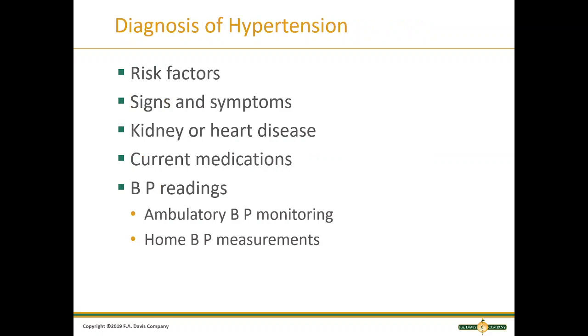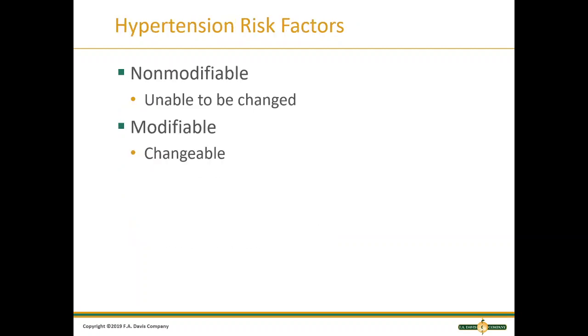Risk factors are how the doctor diagnoses, along with signs and symptoms, if any, kidney and heart disease, current medications. Okay, what are non-modifiable and what are modifiable changes? We've discussed this before.